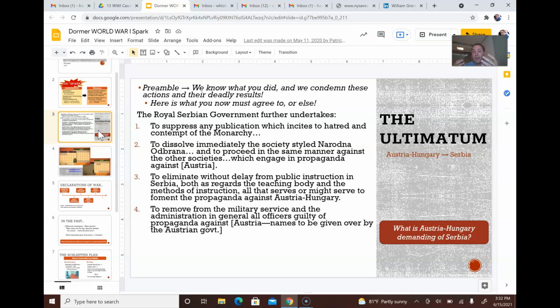So suppress anti-Austro-Hungarian publications, disassociate yourself from any propaganda coming out against the Austro-Hungarians, any public instruction in Serbia that doesn't align with pro-Austro-Hungarian feelings, and then finally, get rid of people from the military or government who are against Austria-Hungary.